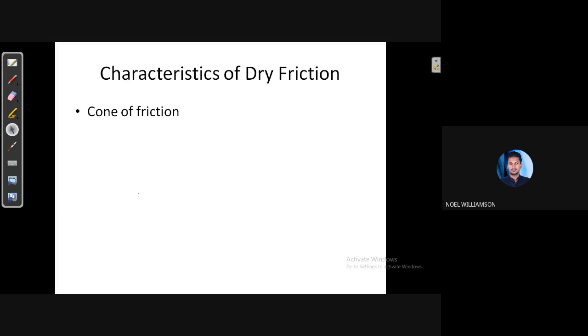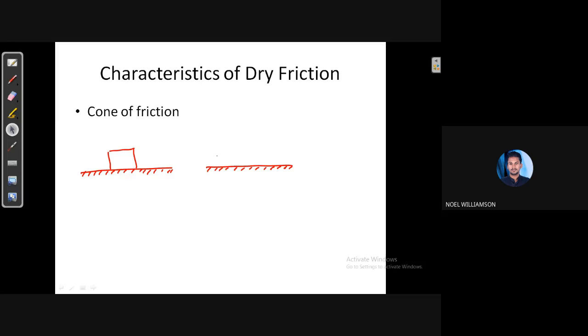കോൺ ഓഫ് ഫ്രിക്ഷൻ എന്താണെന്ന് നോക്കാം. കോൺ ഓഫ് ഫ്രിക്ഷൻ എന്ന് പറഞ്ഞാൽ ജസ്റ്റ് വേറൊന്നുമല്ല, സെയിം കേസ്, that is, you can see, suppose we are having a body like this.